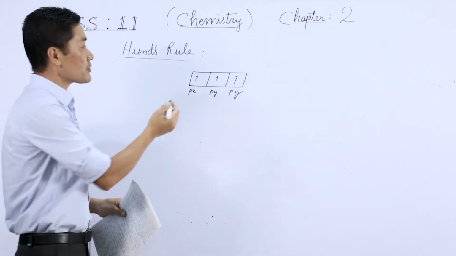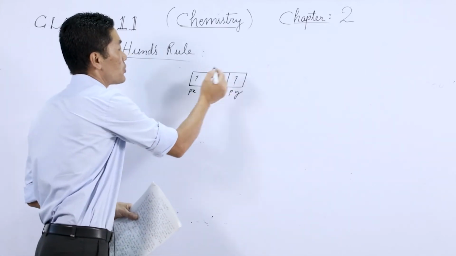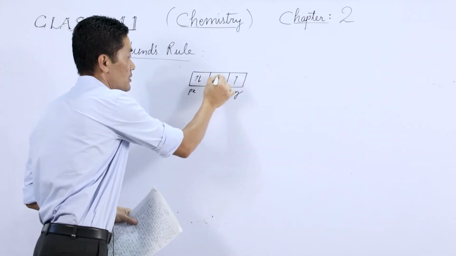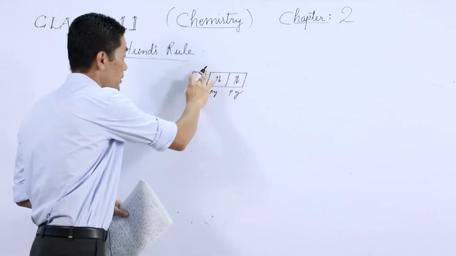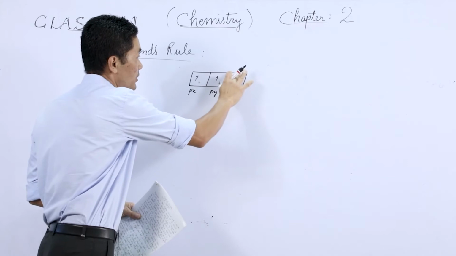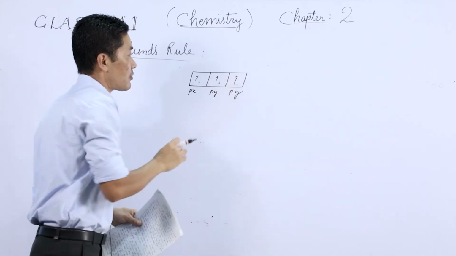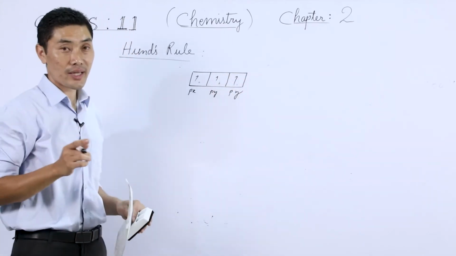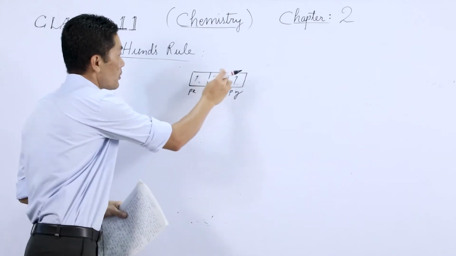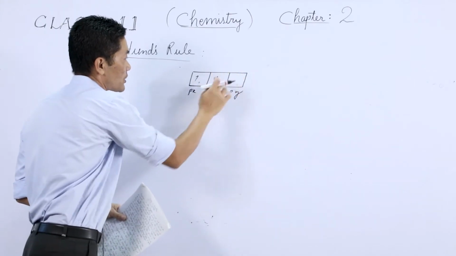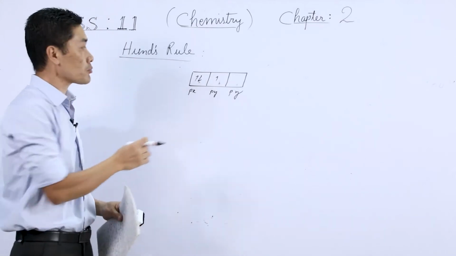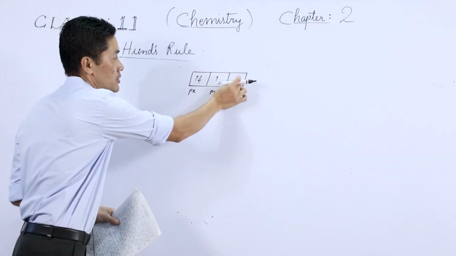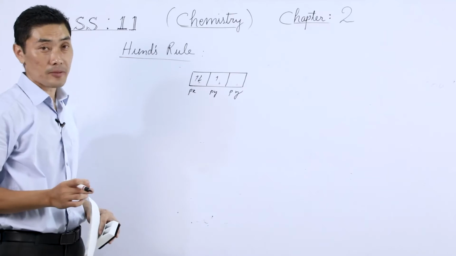Only after they are singly filled can we put more electrons to pair them up. This pairing will not take place until all the orbitals have one electron each. So, if there are 3 electrons, it will be wrong to write the configuration like this. We cannot put 2 electrons here and leave this one empty.